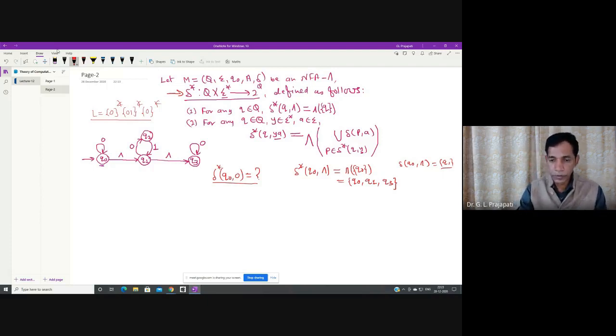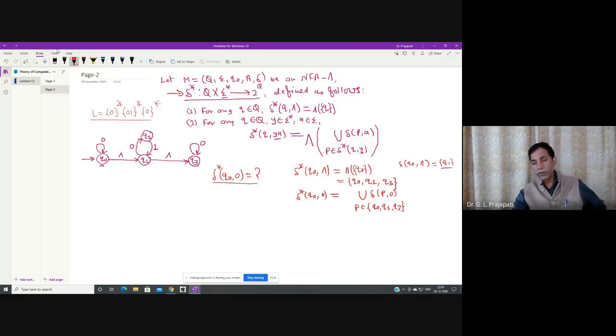Now you need to compute delta star (q0, 0). So how can you compute this? You can use the second step, which says that you first compute delta (p, 0), where p belongs to {q0, q1, q3}. Why q0, q1, q3?